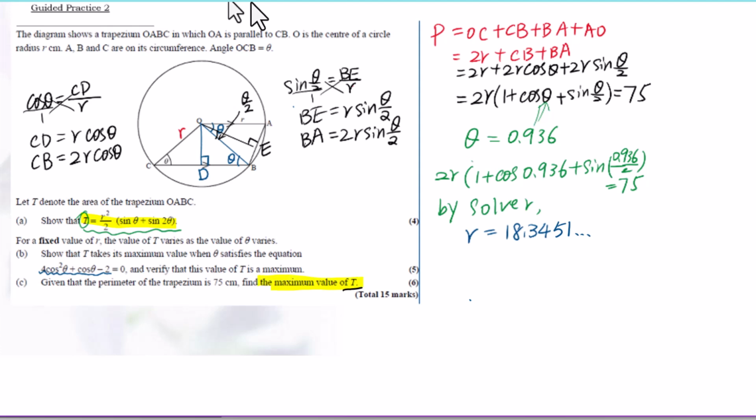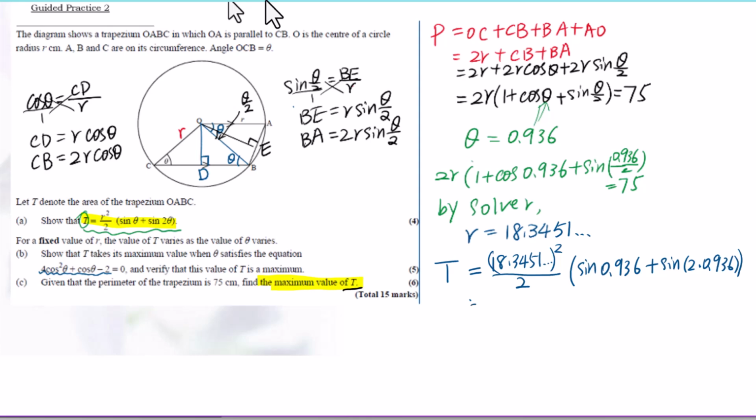value of t. T equals 18.3451 squared over 2 times sine 0.936 plus sine 2 times 0.936 equals. Go to calculator.